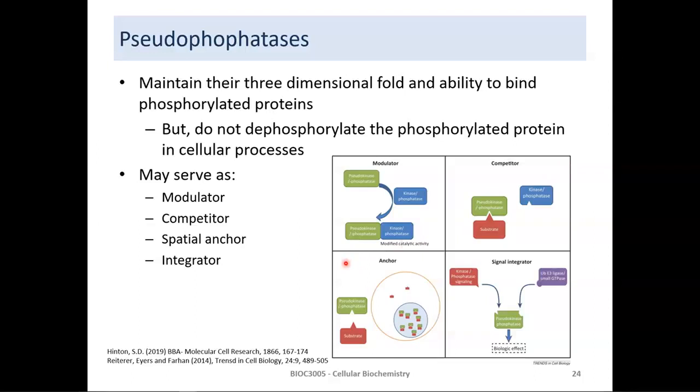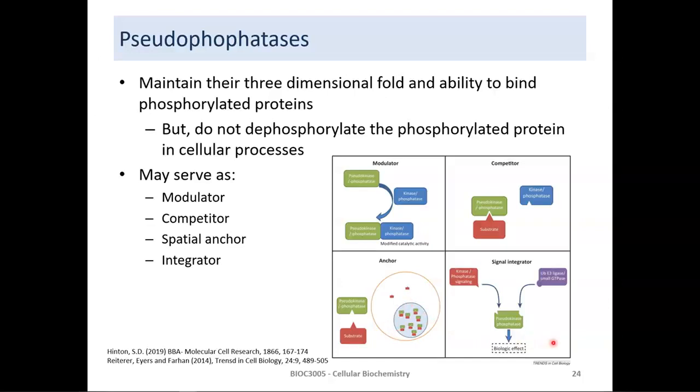As a spatial anchor, it is likely that these pseudophosphatases exhibit a restricted subcellular localization pattern and possibly serve to anchor, as a trap, a particular substrate in that location. So we can see in this example, the pseudophosphatase is anchoring or localizing the substrate inside the nucleus.